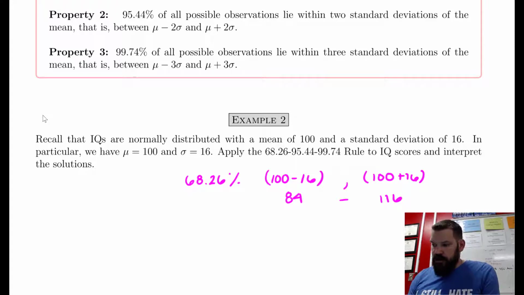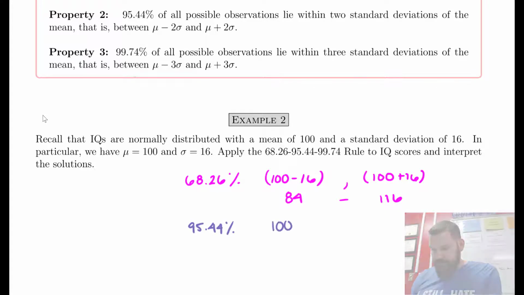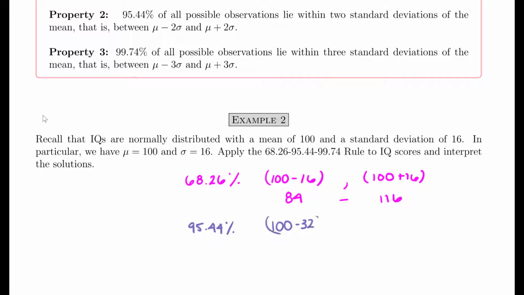Then when we go on and look at 2 standard deviations, which would give us 95.44% of our observations, it's 100 minus 32, which is 2 standard deviations, and then 100 plus 32. And what we get there is 68 to 132. So the interpretation is 95.44% of the population has an IQ between 68 and 132.